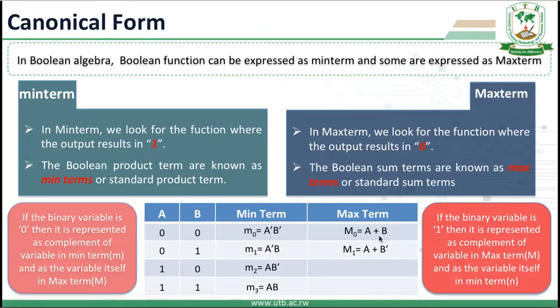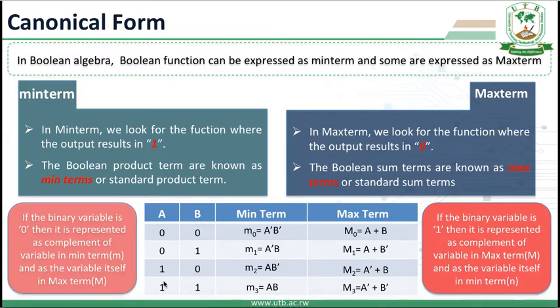So let me emphasize here. Here we are writing the plus, but here is a product, because a min term is known as a product term, but a max term is known as a sum term. So we are doing the summation, but for the product term we do the multiplication. So let's go next. In this next, A is 1, so we write here A prime, plus B is 0, so we write B variable itself.